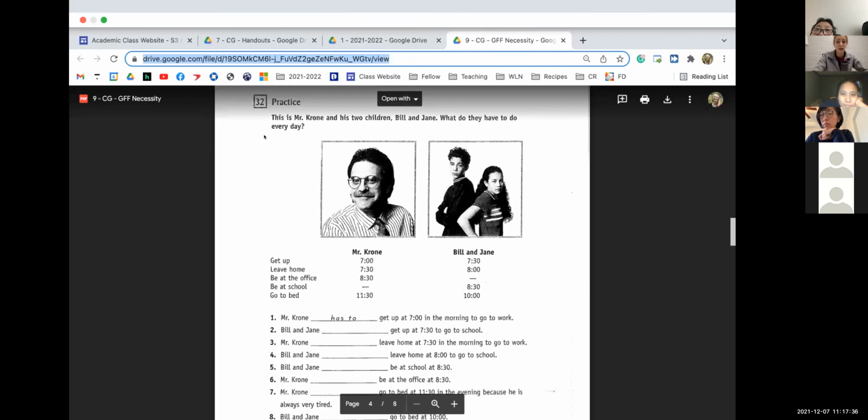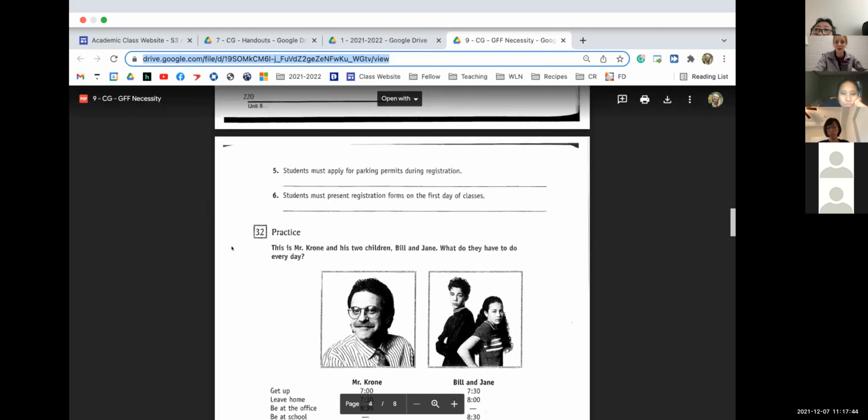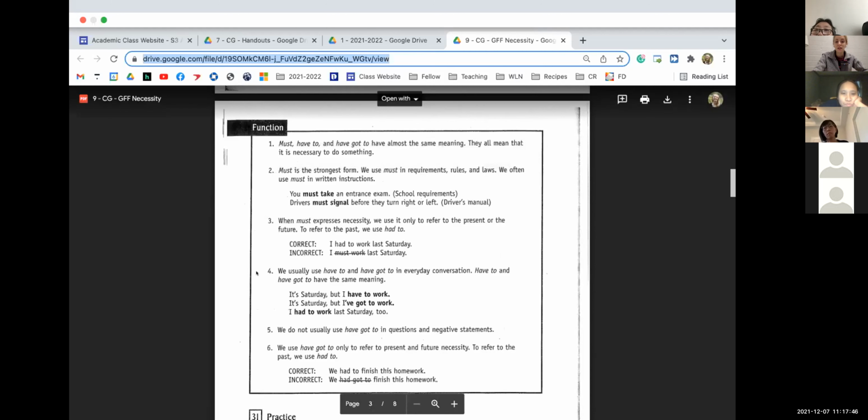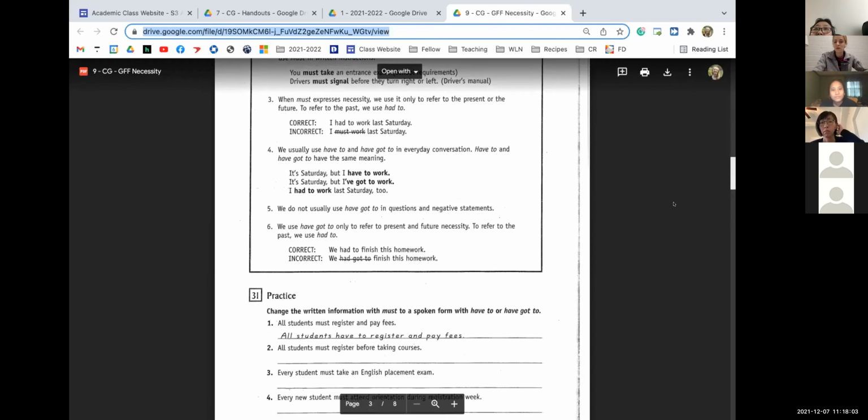And if we have time, we might not have time right now, for practice number 32, you can at least start on some of those sentences there. So take a couple of minutes with your group to read and review the rules for must, have to, and have got to. And then practice 31 and 32 with your groups. Any questions before we go into the breakout rooms?